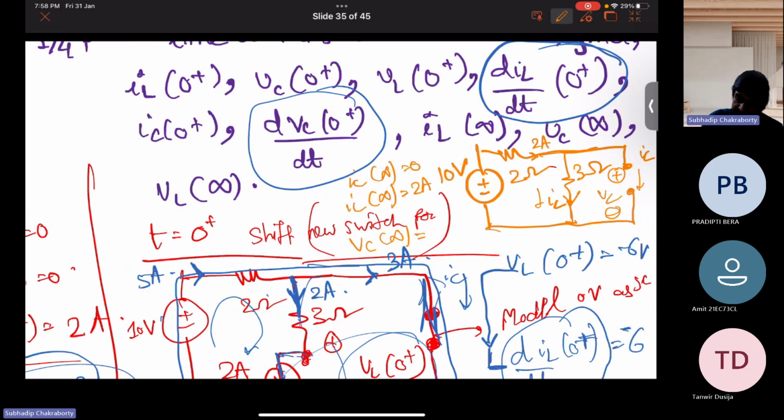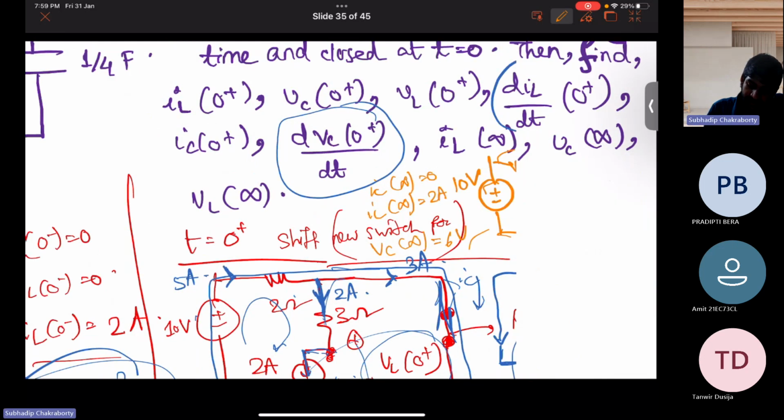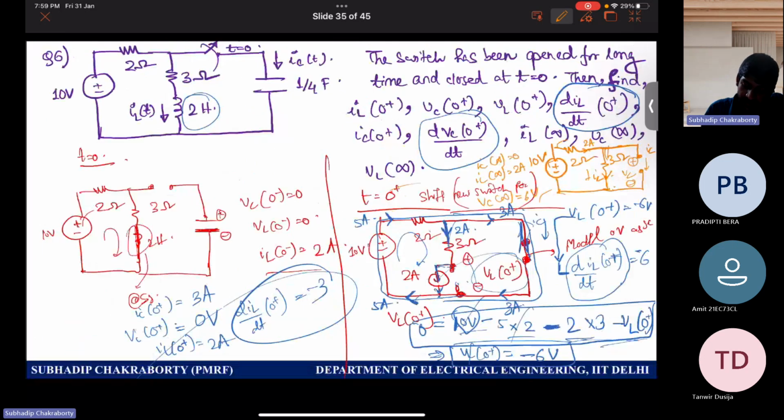And VC at infinity is 3 into 2. Yes or no? So 6 volts. 3 into 2. Understood? This drop, right? 3 into 2. So 6 volts. So accordingly, you can determine all the parameters. VL at infinity is also 0.